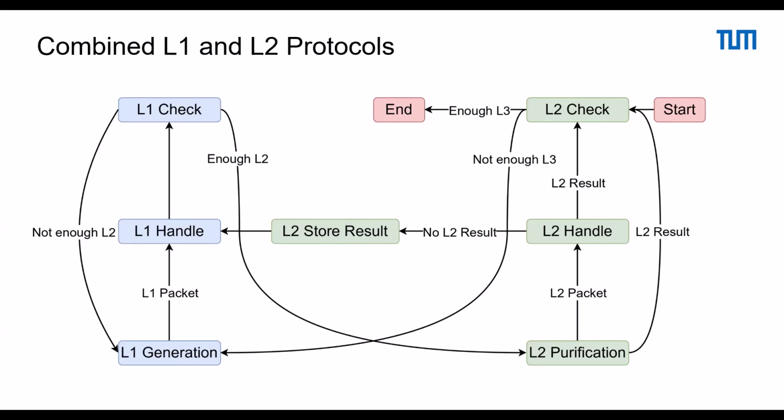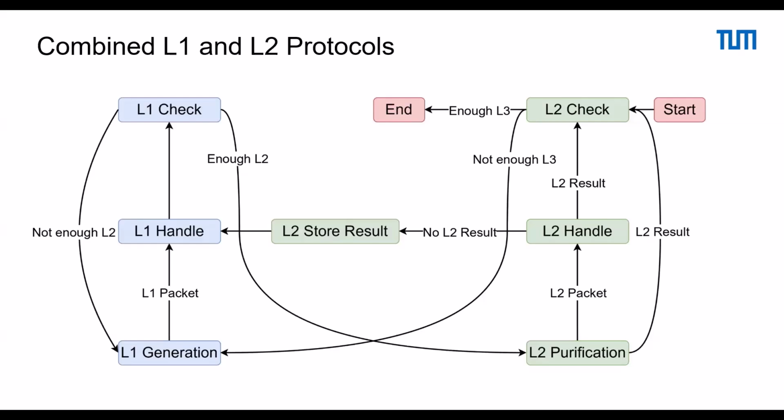So usually we start here with a check. Do we have enough qubits in our memory? And then we immediately go into this L1 generation here. So we start to generate qubits with one of these methods. And then we get this classical information back, and then based on the packet, we need to decide, in this L1 check, whether we have enough qubits that are ready for purification or not.